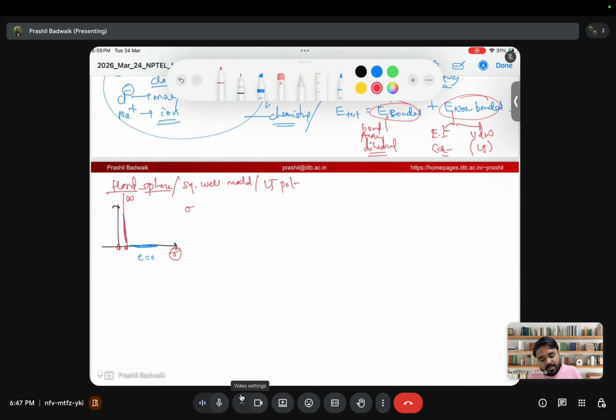If one particle is present here at the origin, and the other particle is present somewhere at distance r, if r is equal to sigma, then energy is infinity. If r is greater than sigma, then energy is equal to 0. This sort of model is called the hard sphere model. There is no interaction up to a certain distance, and after a certain distance there is an infinite interaction, right? This is what is happening.